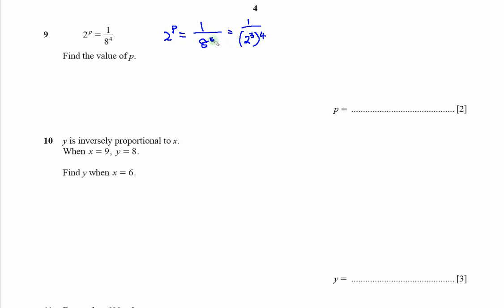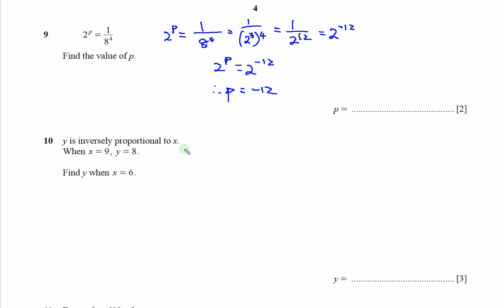This 4 is the original 4. Then you multiply the power. This is not 3 plus 4, it's actually 3 times 4, so it's 2 to the power of 12. You bring it up, become 2 to the power of minus 12. So 2^P is actually equal to 2^-12. Therefore, P is equal to minus 12.